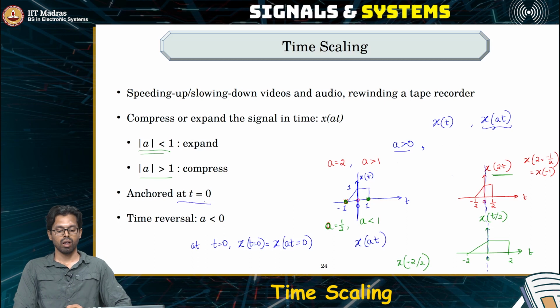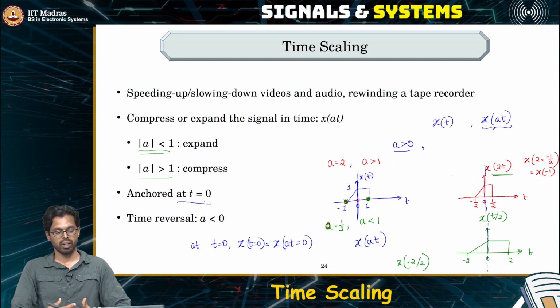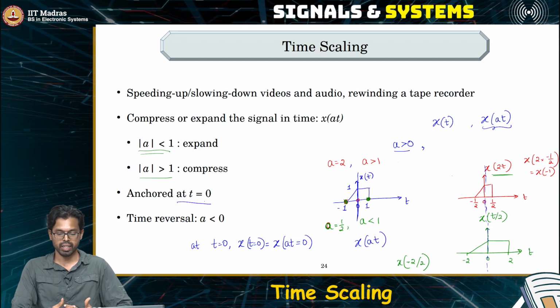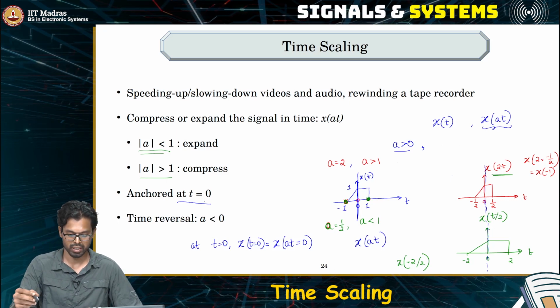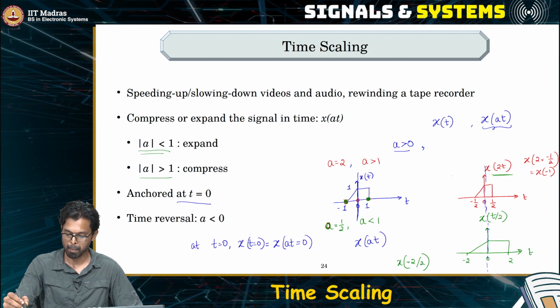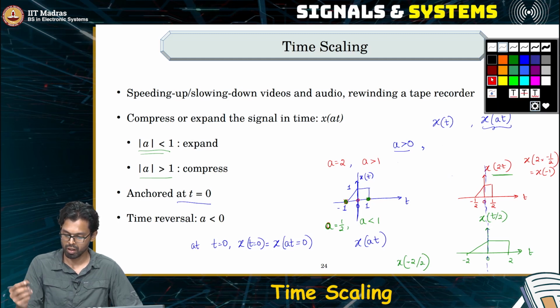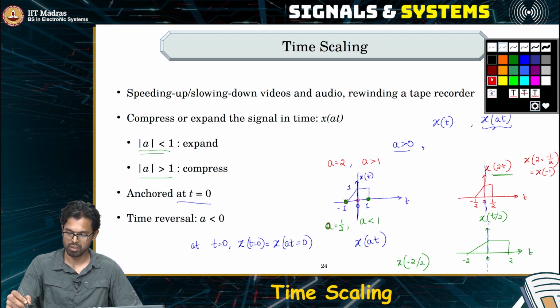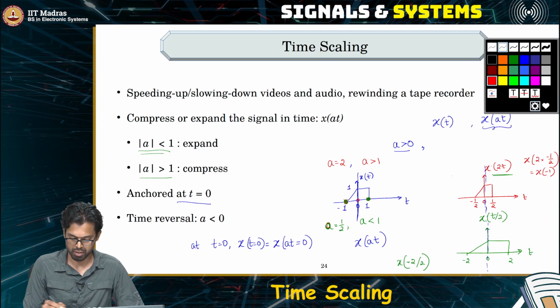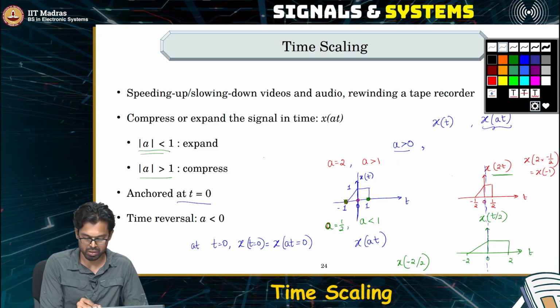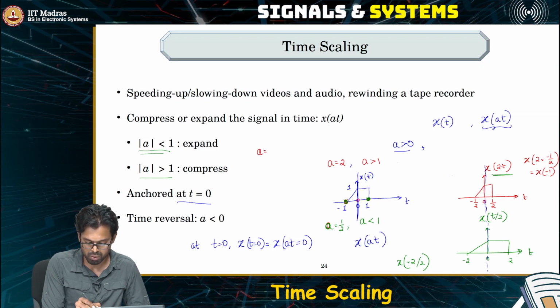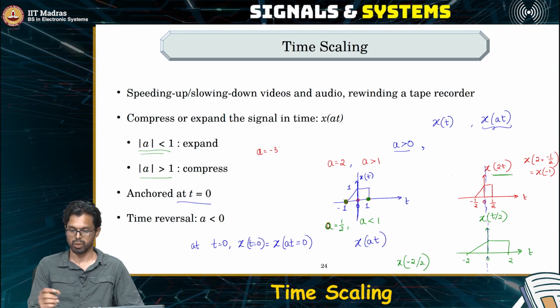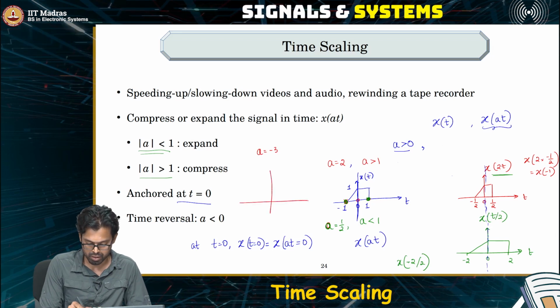Now we saw the cases where a is positive. Now what if a is negative? Let's take this example itself and see what happens when a is negative. Let us say here we want to see what happens when a is equal to minus 3.